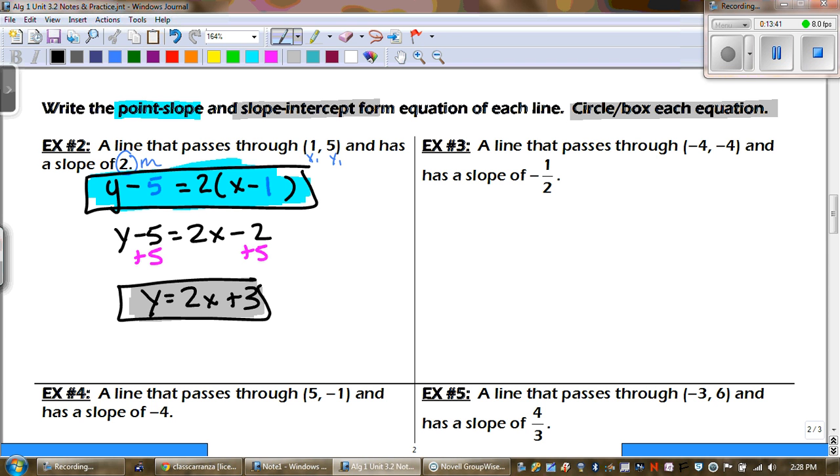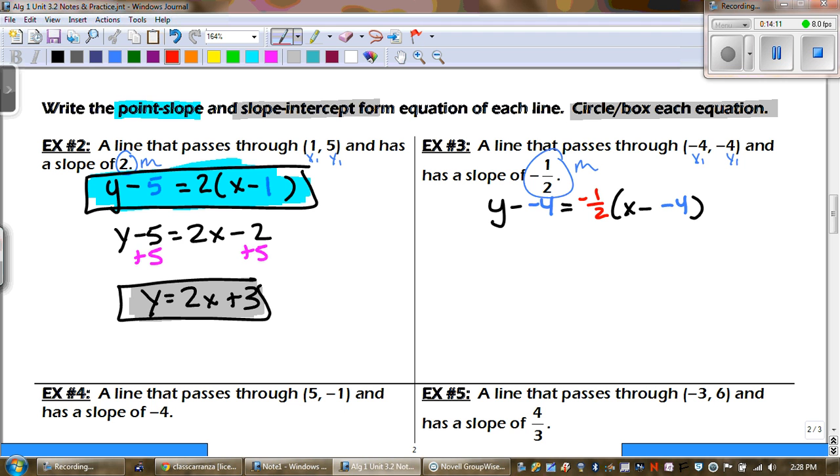Let's look at 3. Okay, there's my x1, there's my y1, and there's my slope. So we get y minus something equals x minus something. Now, we have a -4 and a -4, and our slope is a -1/2.